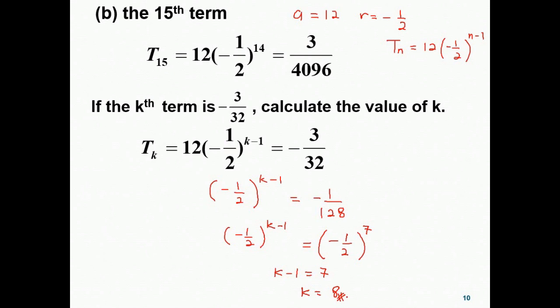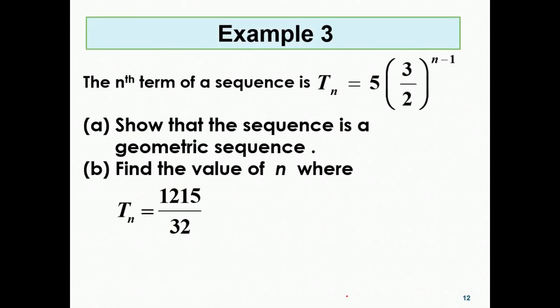Is that clear? Now proceed to the next example, which is example 3. The nth term of a sequence is Tn equal to 5 times (3/2) to the power of n minus 1. A: Show that the sequence is a geometric sequence.